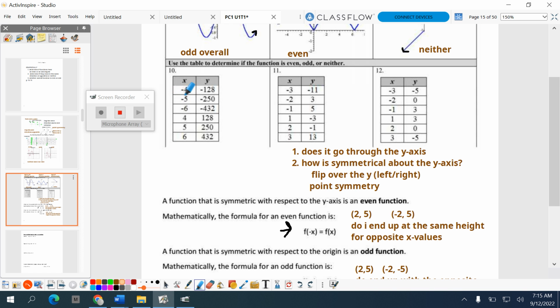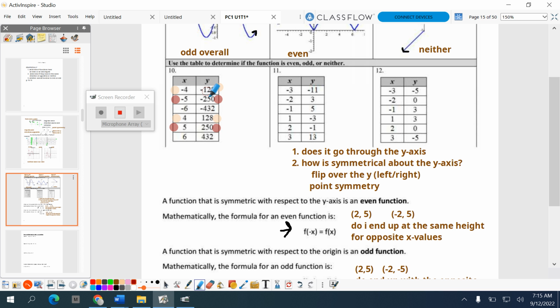So here I have -4, and its opposite is 4. And it looks like this is negative and this is positive. So it's looking like an odd function. Let's check the next one. -5, its opposite is 5. This is negative and this is positive.